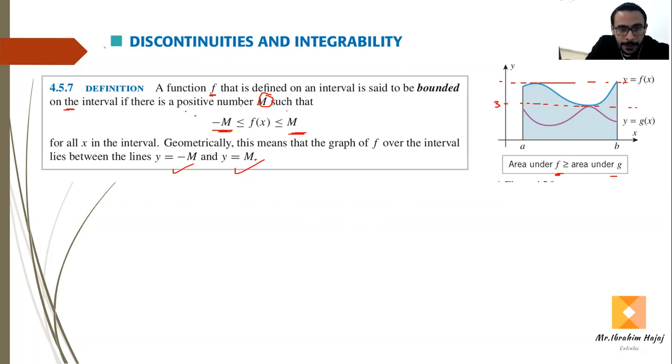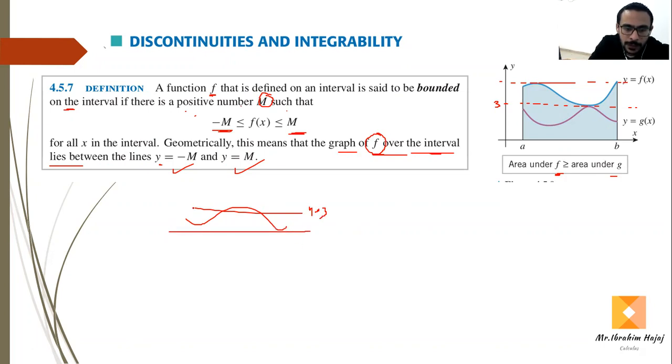Yes, the same as in geometry: f over the interval lies between, for example, y equals 3 and y equals another number, negative 3.